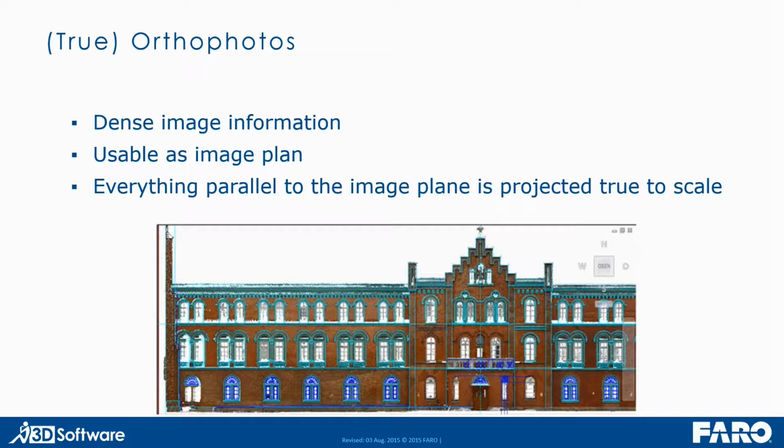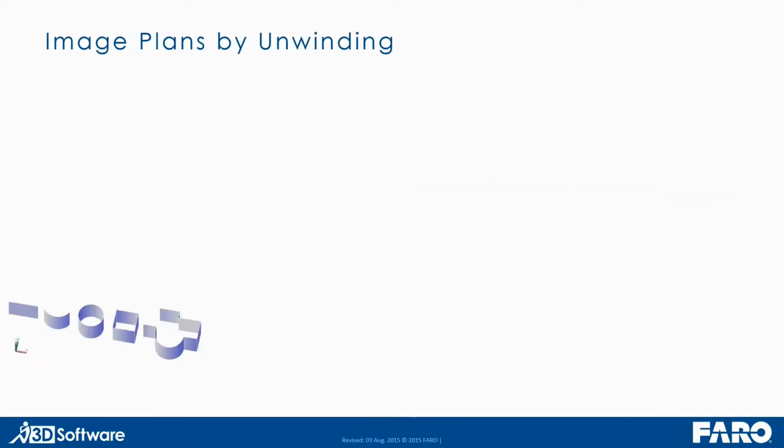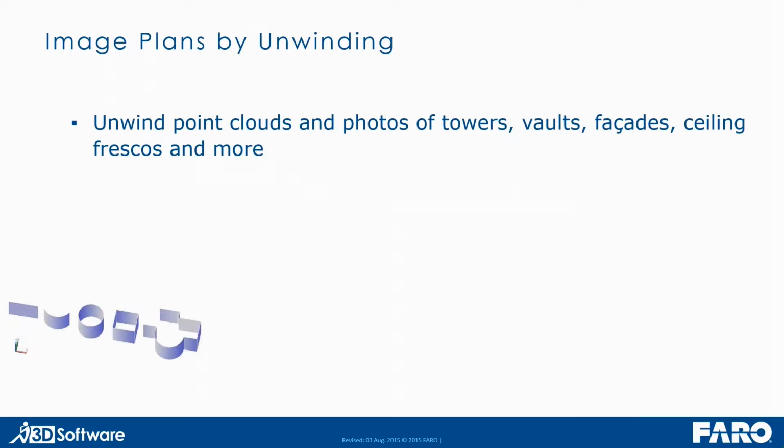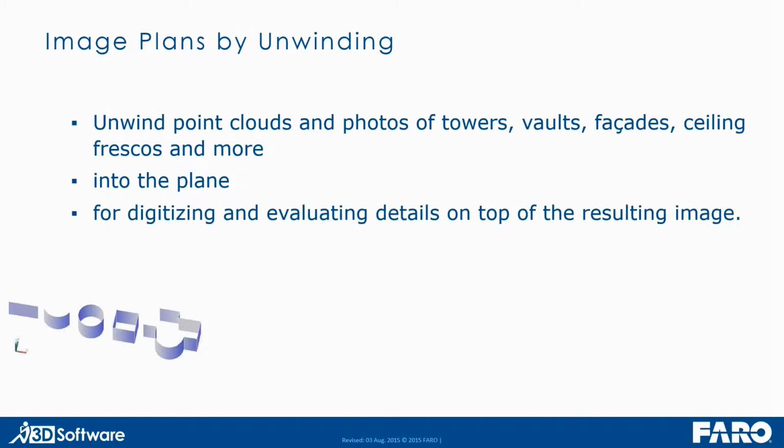If you have other facade shapes like you can see in the sketch down here, you would rather like to unwind the point cloud or photographs in order to get an image plan. So you can unwind point clouds as well as photos of towers, walls, facades, ceilings, frescoes, and more into the plane for digitizing and evaluating details on top of the resulting image, and to measure true length.